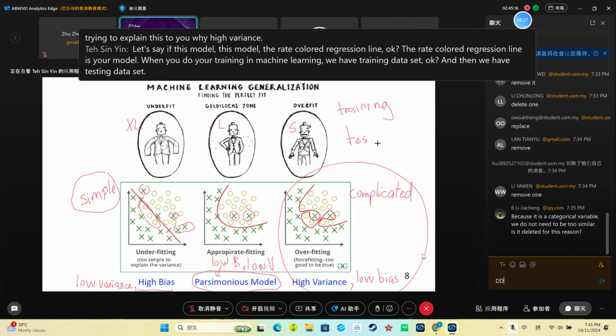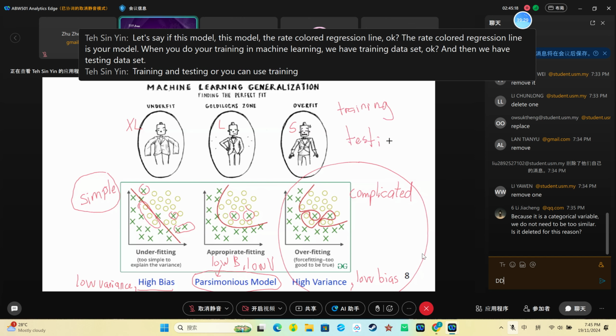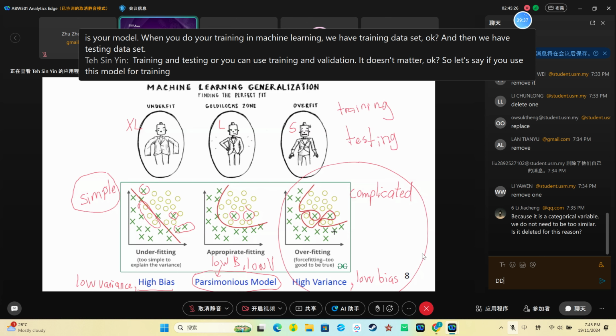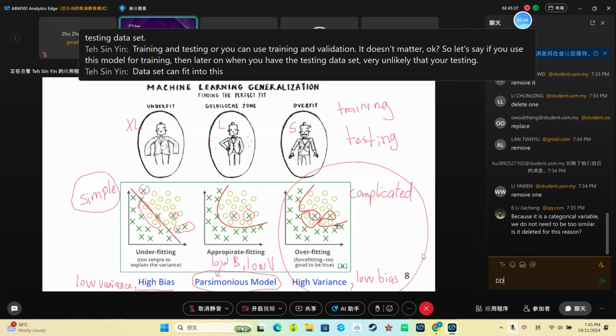Training and testing, or you can use training and validation, it doesn't matter. So if you use this model for training, then later on, when you have the testing data set, it is very unlikely that your testing data set can fit into this complicated model. So the variance between the testing and the training will become very high.